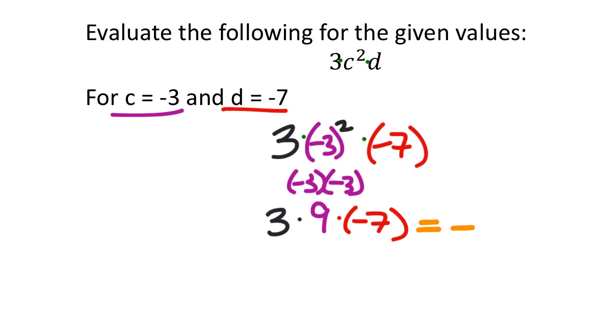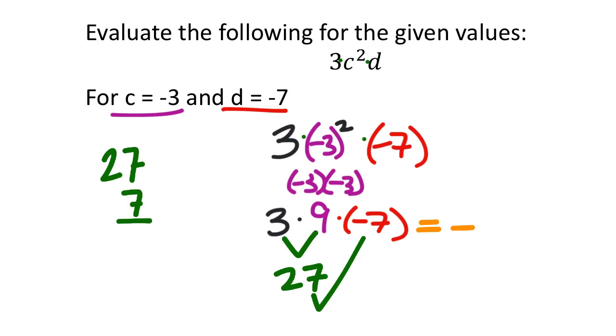And from here, I'm just looking to multiply from left to right. So I'd say, well, 3 times 9 is 27. And then multiply that by 7, I'll show the work. So 7 times 7 is 49. We'll carry the 4. 2 times 7 is 14, plus the 4 is 18. Now, of course, this came out as 189.